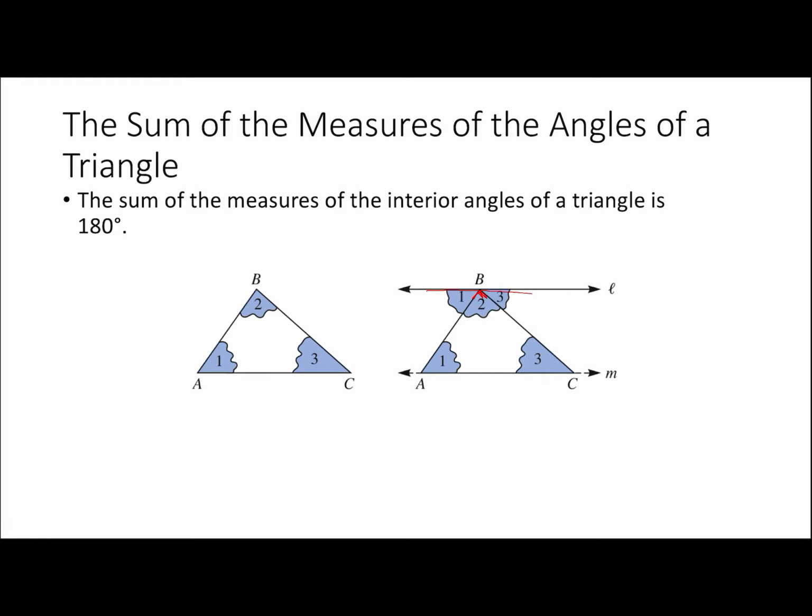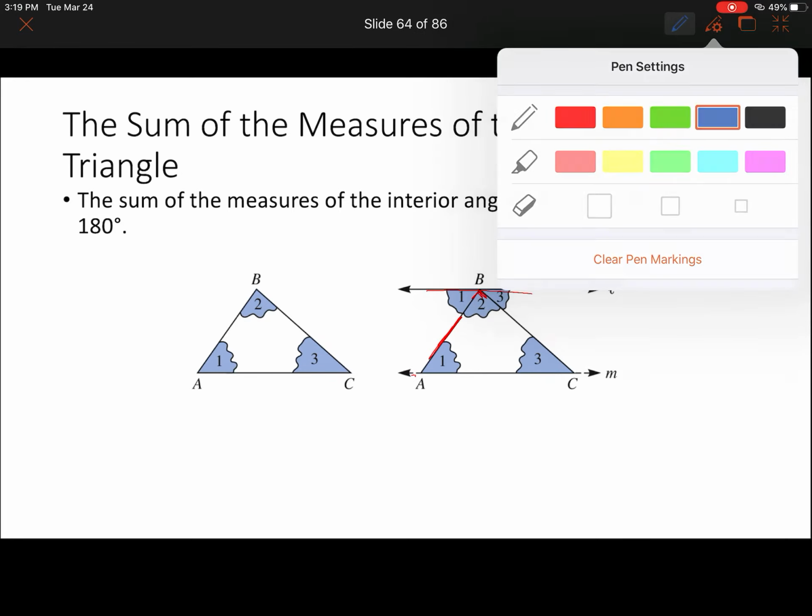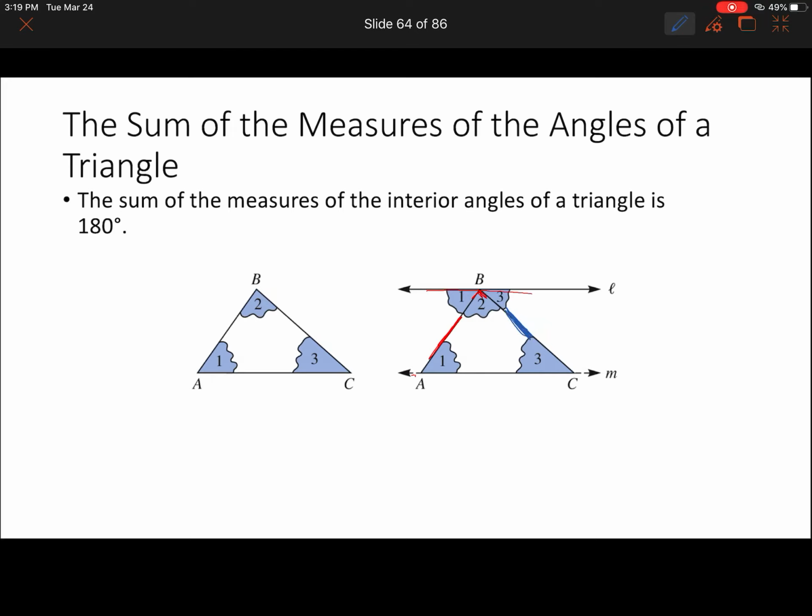If you were to take this triangle and extend this line L across the top where it touches the very top of that triangle, and then extend the bottom half, the line that goes through AC, then you've developed two sets of transversals, where this is a transversal and this one is a transversal.